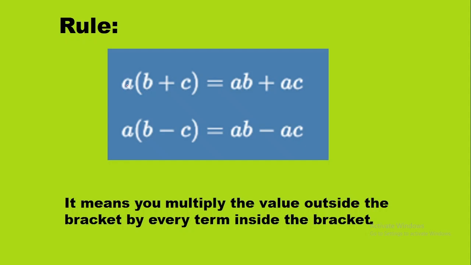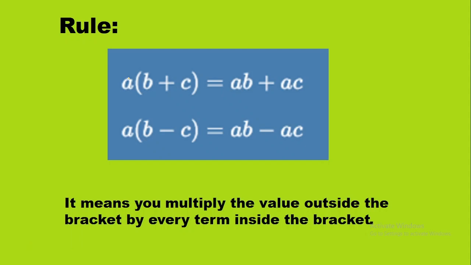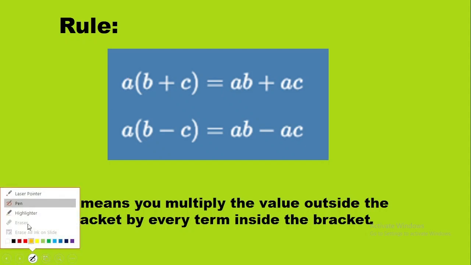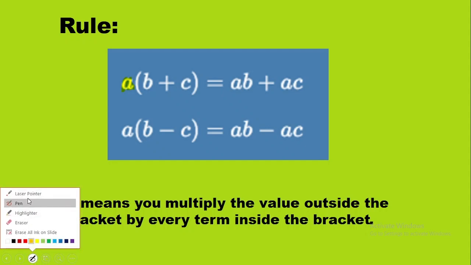We have three terms inside this example: A, B, and C. In order to get your answer whenever we're using the rule, let me highlight whatever term is outside of the bracket. Since A is outside the bracket, let me quickly highlight the A, and then I will show you what you do.